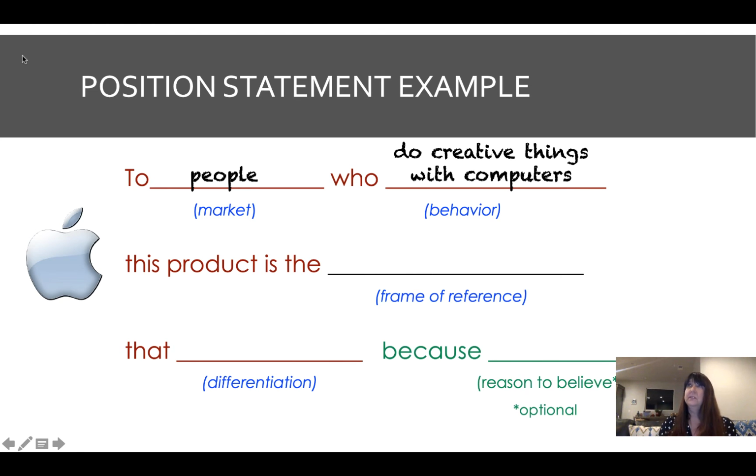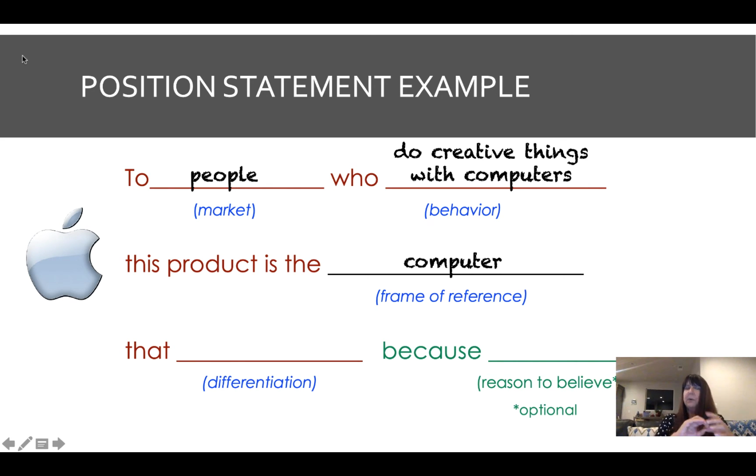The people need to do creative things with their computers. Okay, so let's think about you are part of an organization and you are in charge of designing a website. So you have to have a product, a software product, and a piece of hardware, whether it's a laptop or a desktop, to do what you need to do for your job, right?